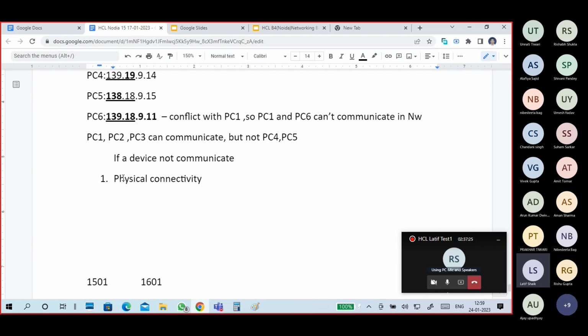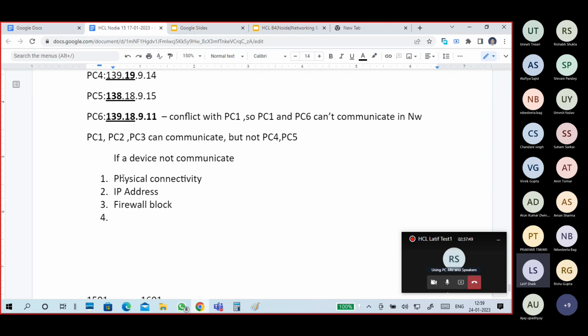Wired or wireless, check the connectivity. Second, check the IP address. IP related issues, first resolve the IP related issues. Third one is firewall blocking. Sometimes the internal firewall will block you from communicating.